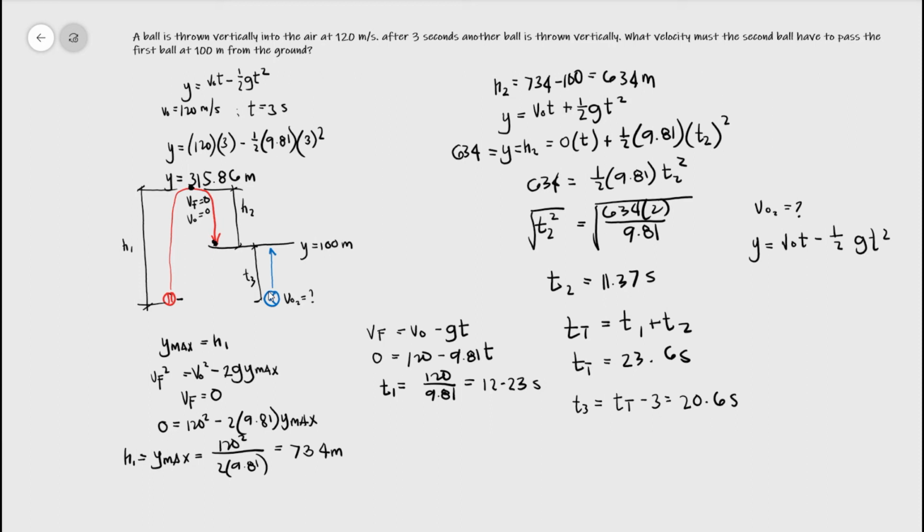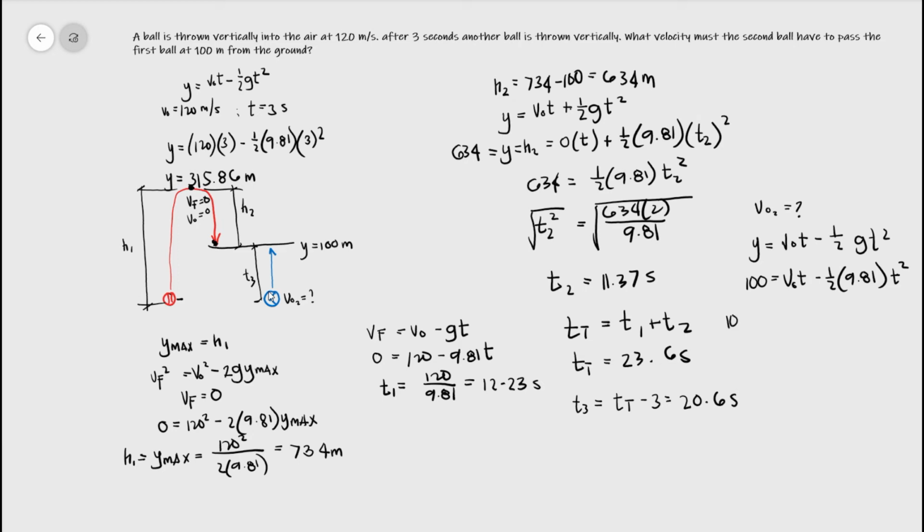Therefore, y is 100 meters, then getting the initial velocity, minus 1/2 times 9.81 and t squared. But the value of t is equal to 20.6.